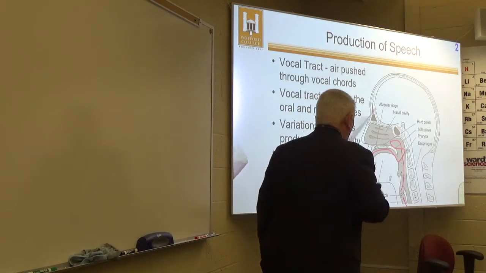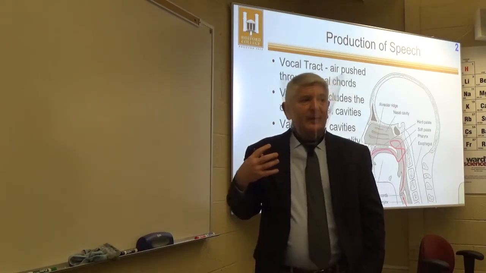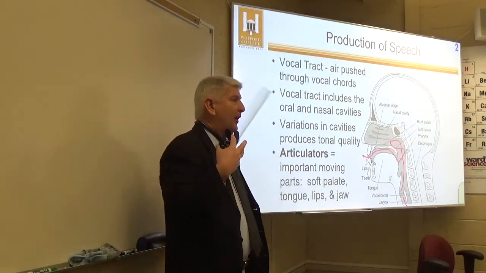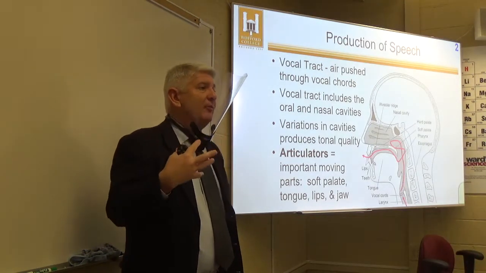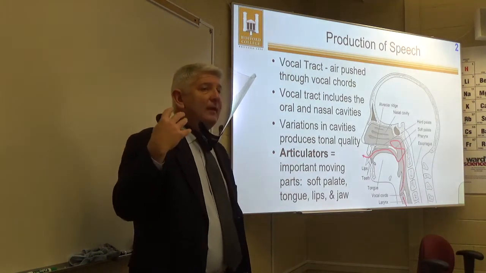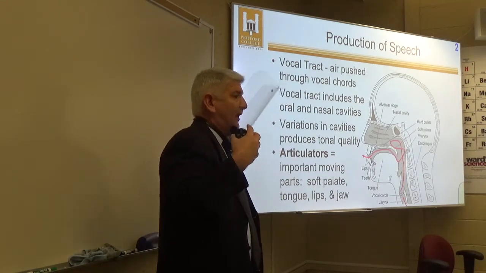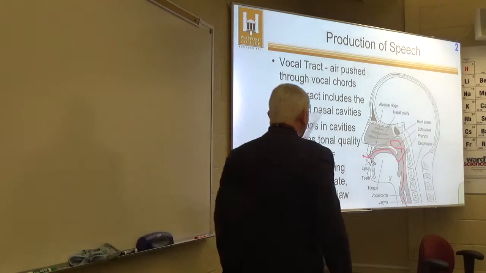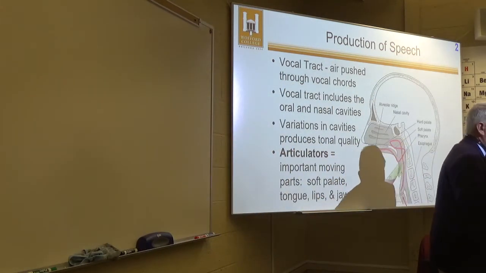And our articulators, which are our lips and our teeth and our tongue and the soft palate of the roof of our mouth, all of those things are moving in order to make that sound, in order to make those frequencies correct.